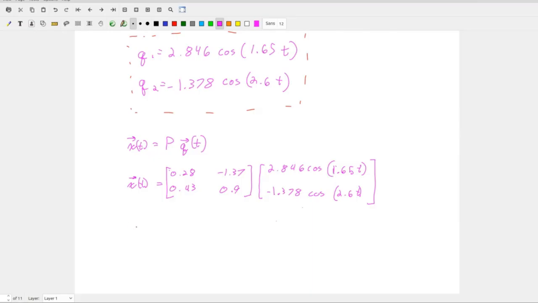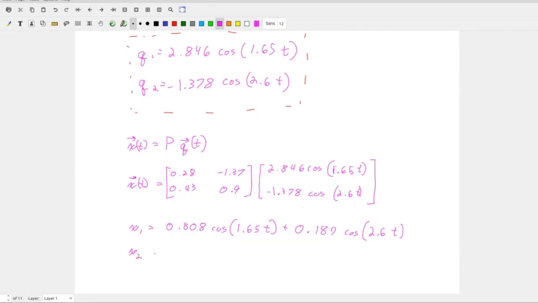So that gets you x1 is equal to 0.808 cosine of 1.65t plus 0.189 cosine of 2.6t.